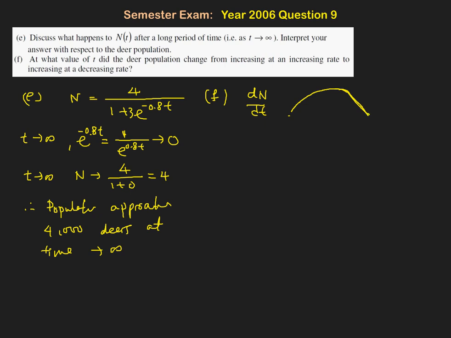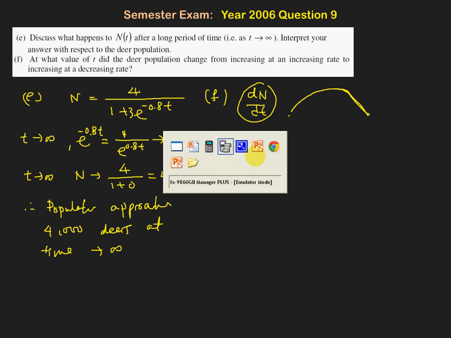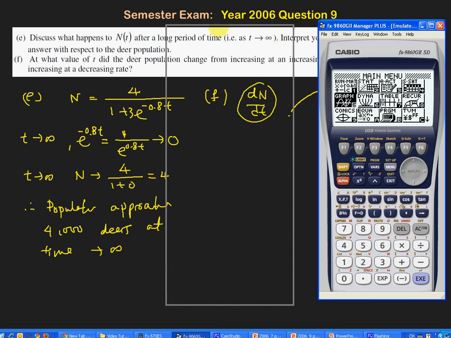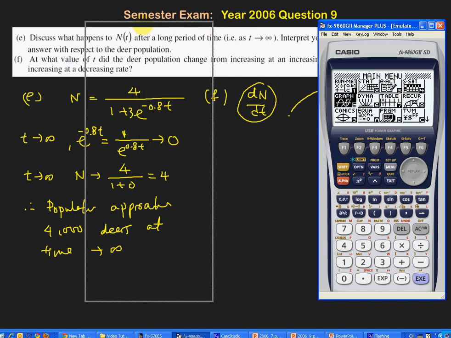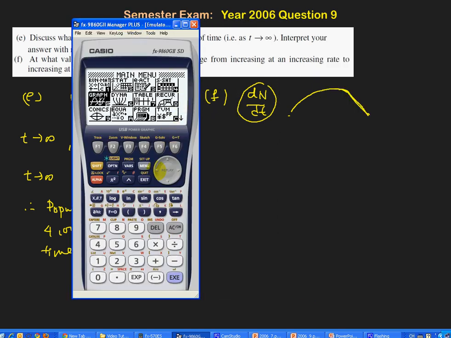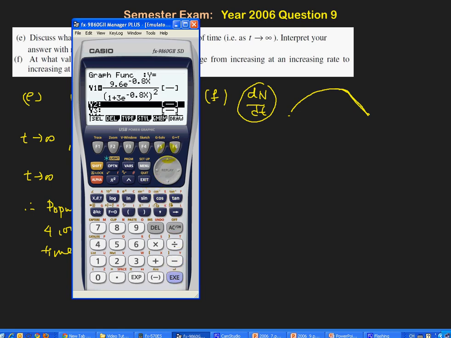So to do so, what we want to do is graph dN/dt in our graphics calculator and find the maximum point. Okay. So we'll do this. We need to refer to the dN/dt that we got in part D. Now I've already entered this here, and I'm going to set up the window carefully.